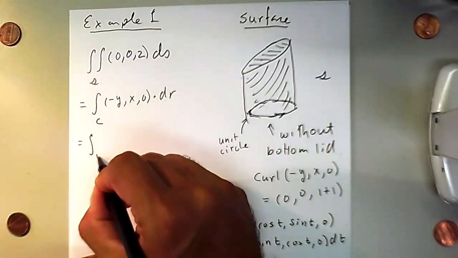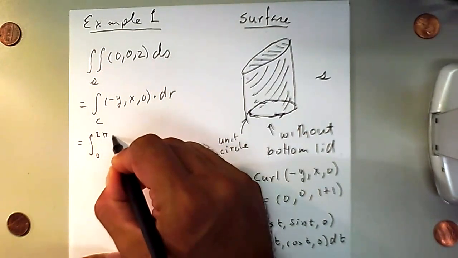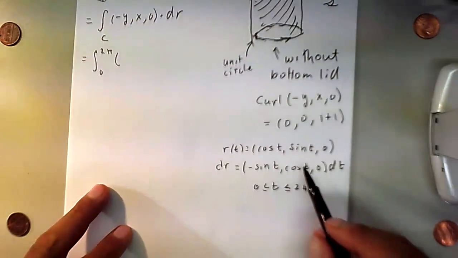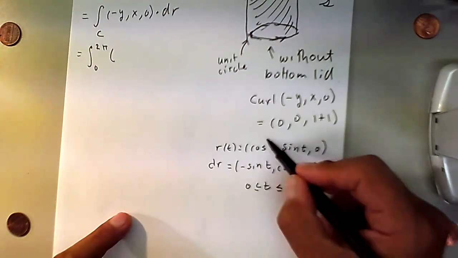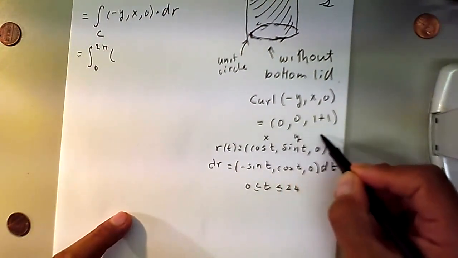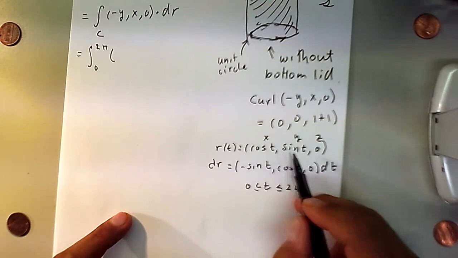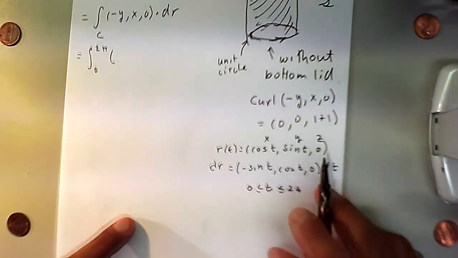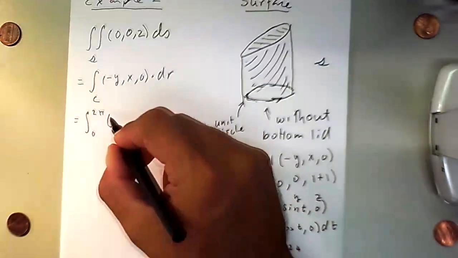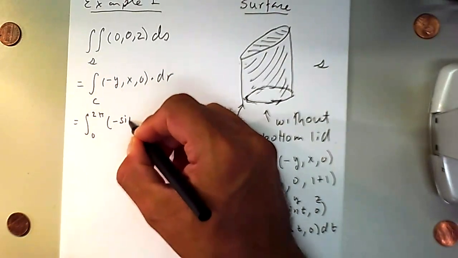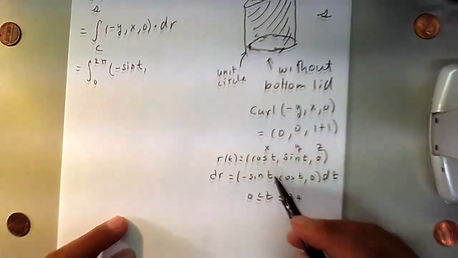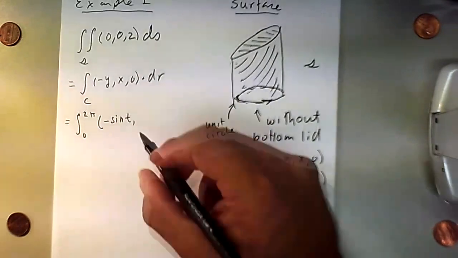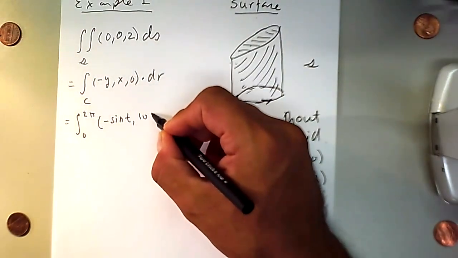So this is the same as the integral from 0 to 2 pi of negative y. Now mind, this is x, this is y, and that is z. So negative y would mean negative sine t. x is cosine t as the second component.